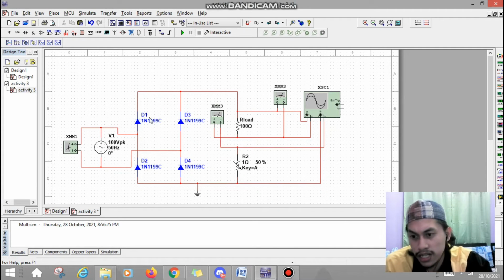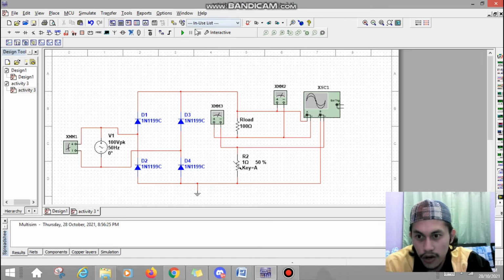So we connect a multimeter in parallel at the power supply, connect a multimeter in series at the R load, and the third multimeter in parallel at the oscilloscope.